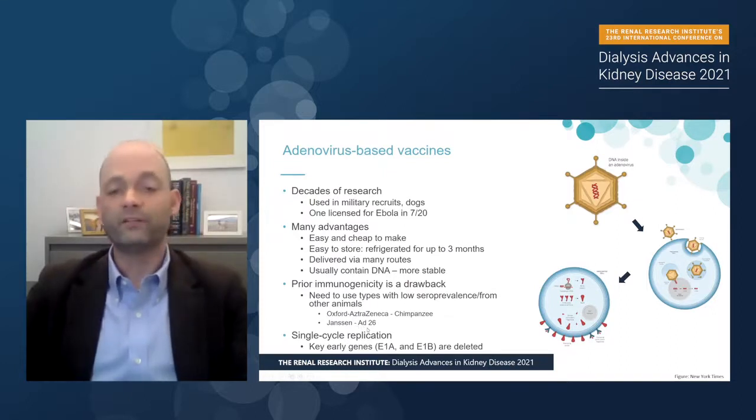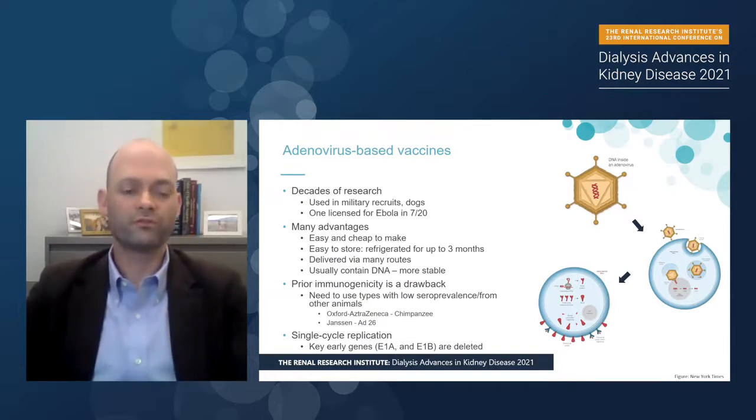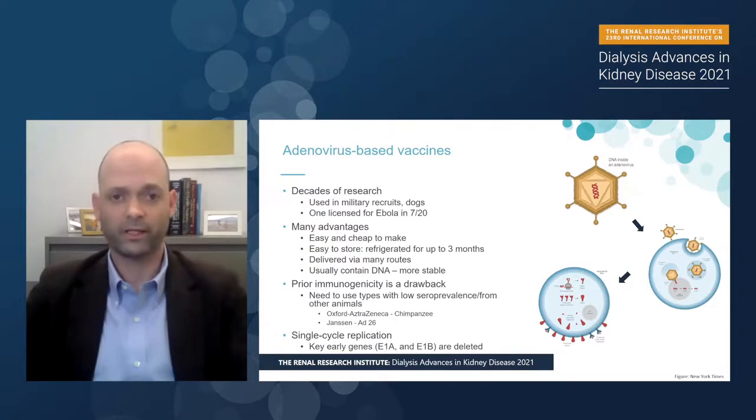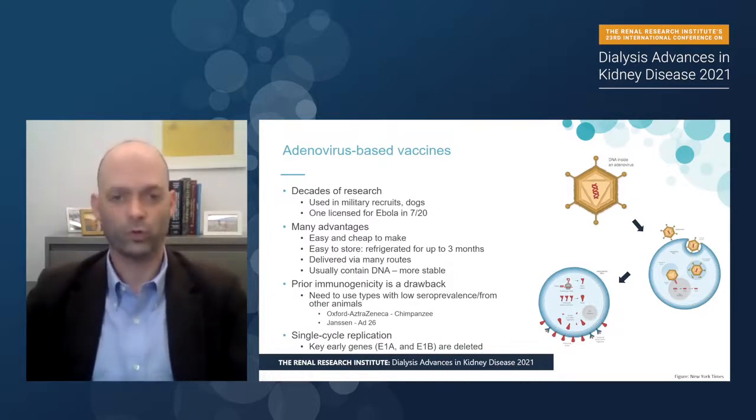Now, to make it even safer, because you certainly don't want adenovirus replicating and causing its own set of symptoms, most of these vaccines are engineered to not be able to replicate. These are replication-incompetent adenoviruses, in which key early genes, E1A and E1B, are deleted. So that virus itself cannot replicate in any host.